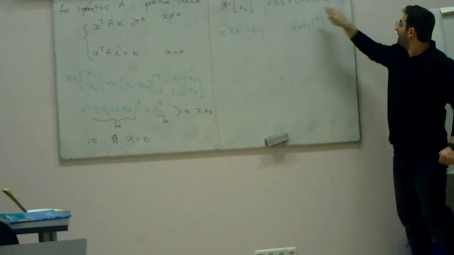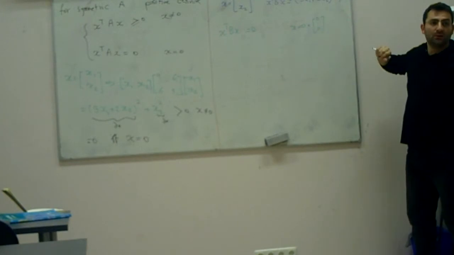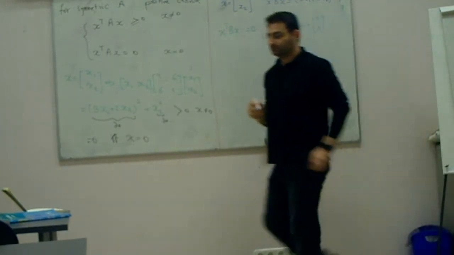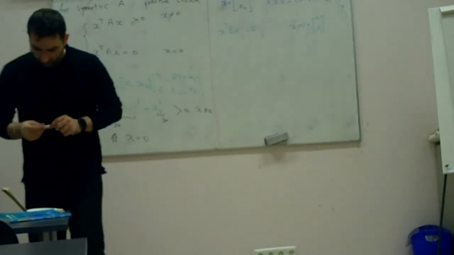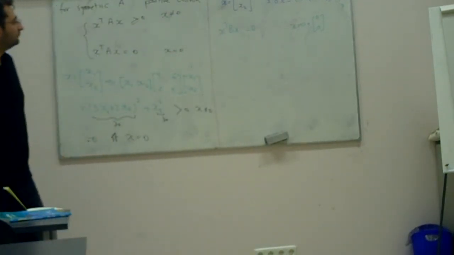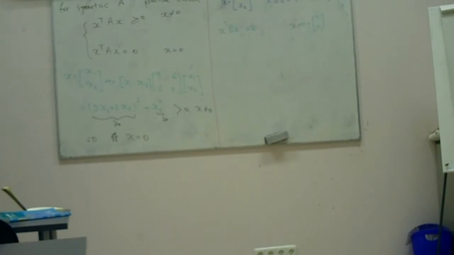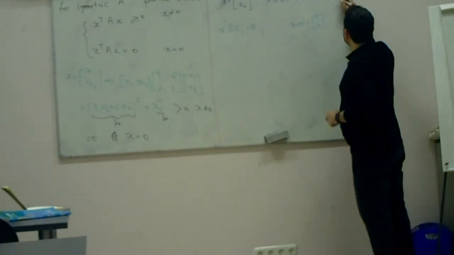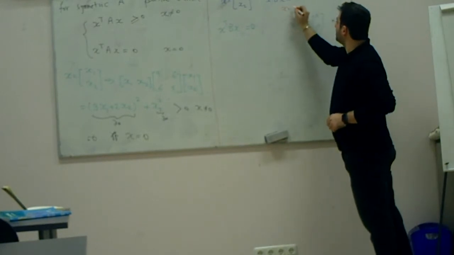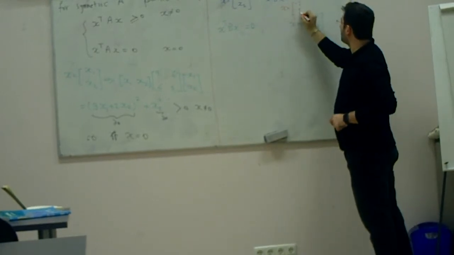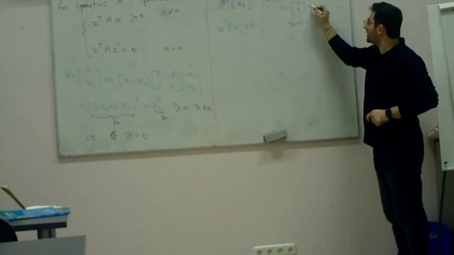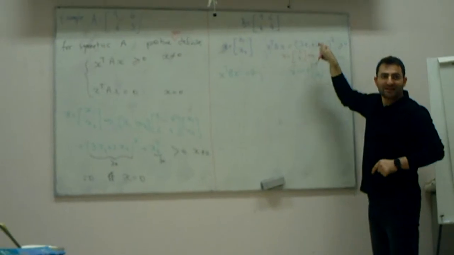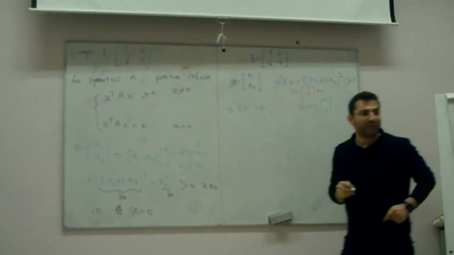In other words, is it greater than 0 or greater than or equal to 0? It is greater than or equal to 0 because for x equal to, let's say, -2 and 3, which is not 0, -2 multiplied by 3 is -6 plus 6, it is 0, so the result is 0.